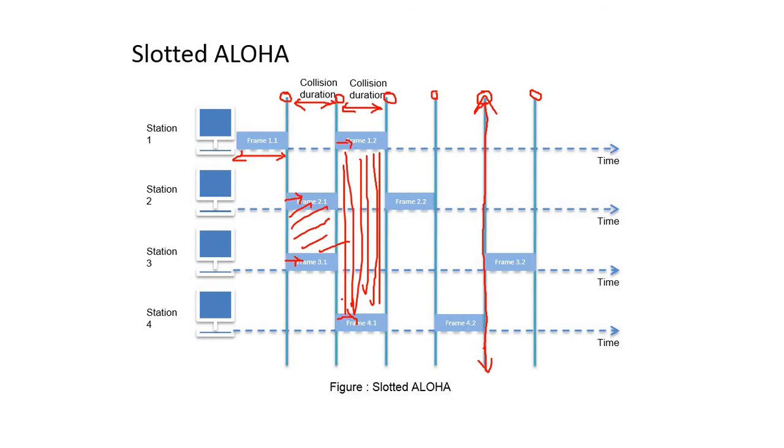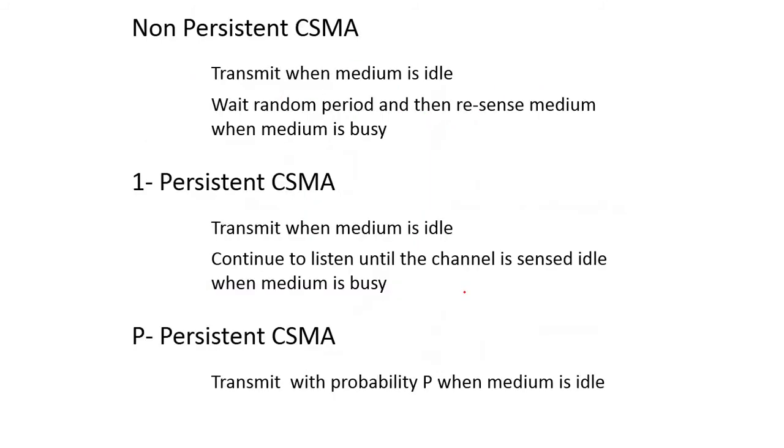Like here station 3 wants to start the transmission, so station 3 will sense the entire channel. If no one is transmitting, then station 3 will start the transmission. Same thing here in this time slot, station 4 wants to start the transmission, so station 4 will look at the entire channel, and if no one is transmitting, then station 4 will start the transmission. So that is carrier sense multiple access.